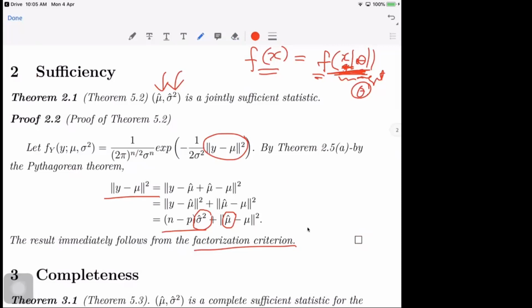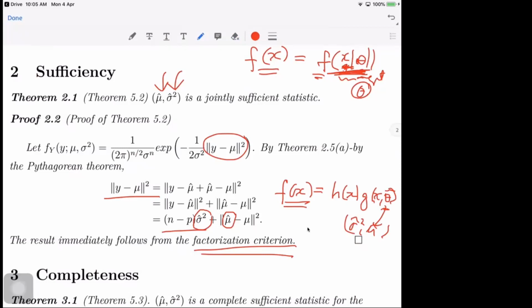Factorization criterion, if you can factor your density function as a function of x times a function of x with respect to your parameters. And our parameters are sigma hat square and mu hat. Then these two are sufficient statistics, by the factorization criterion.